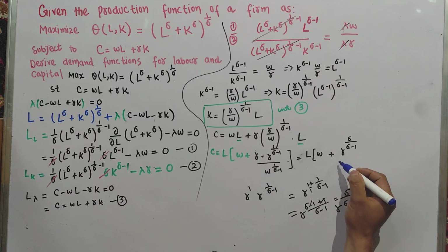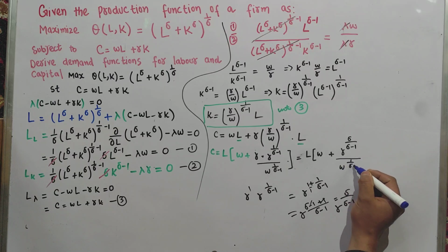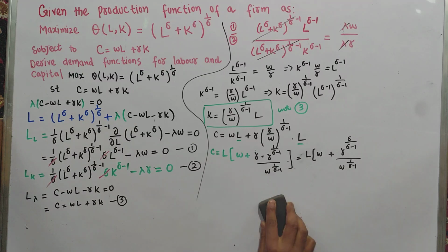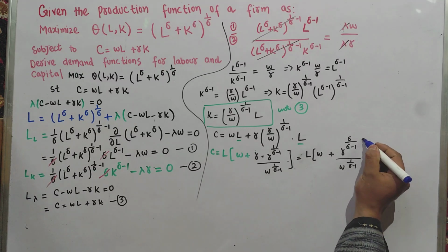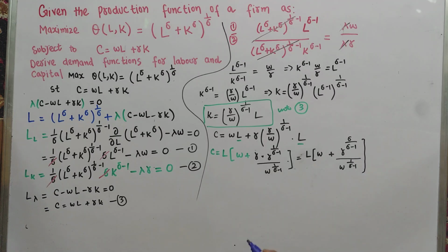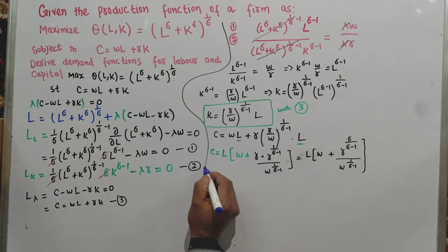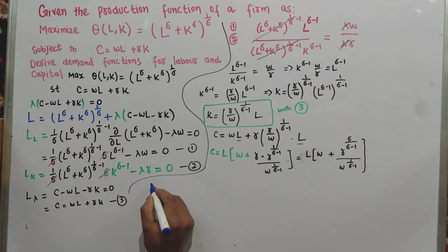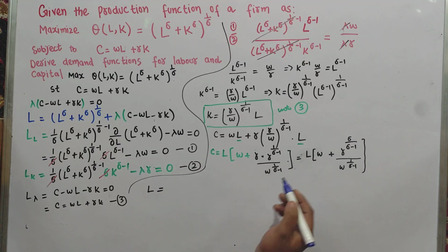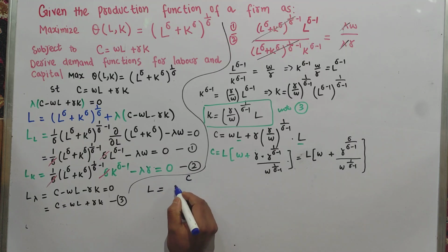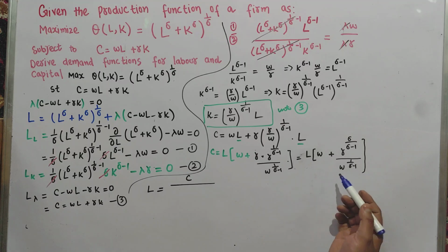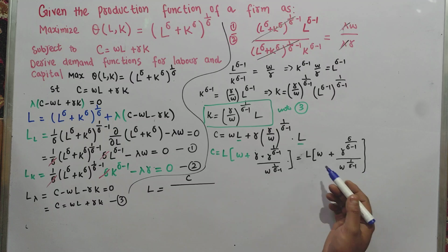Okay. Then we have here W raised to the power 1 divided by (delta minus 1). Solving for L, C is equal to this stuff, or I can write L will be equal to C divided by, okay, let me first simplify it here.